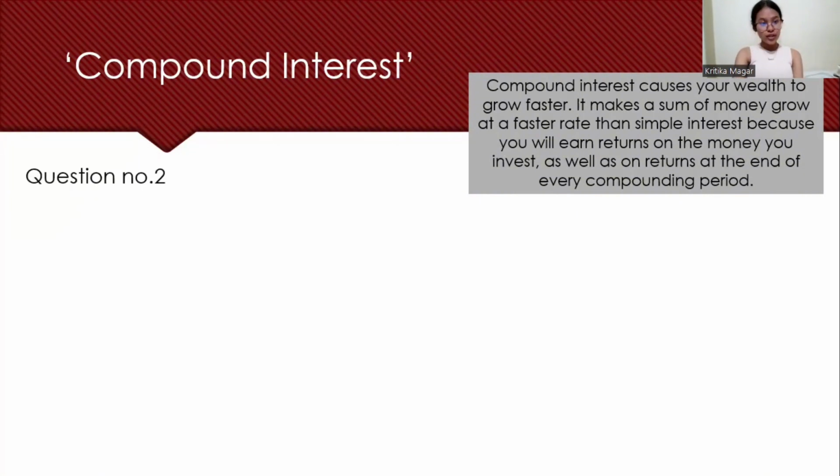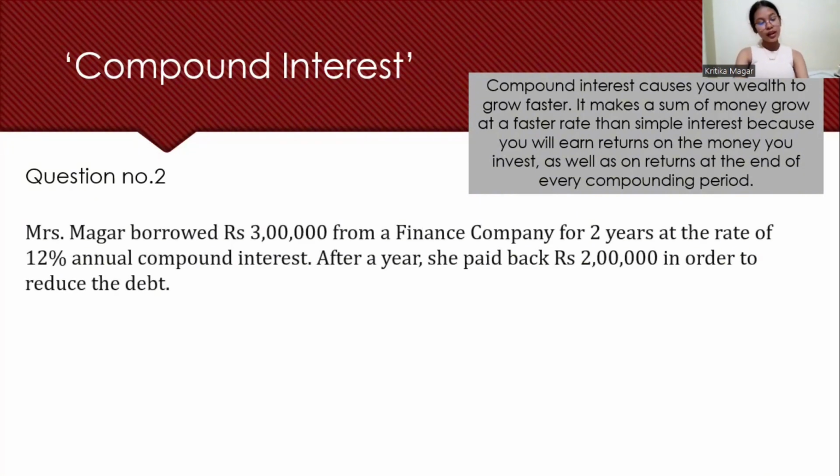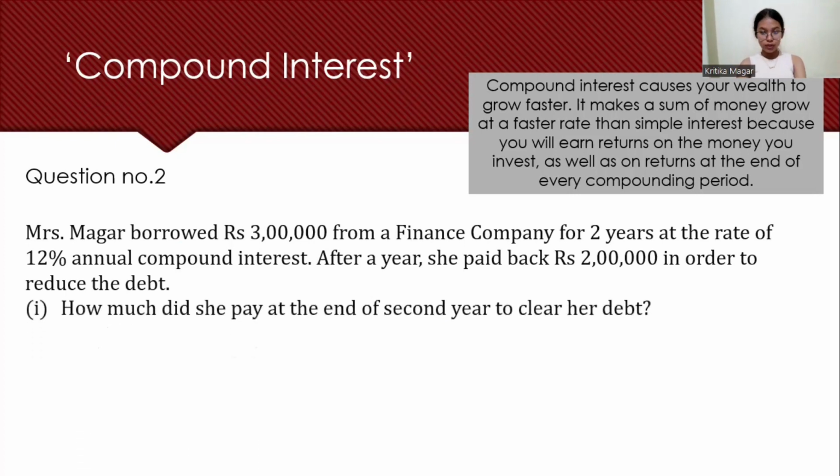So, our question is given by: Mrs. Mugger borrowed rupees 3 lakh from a finance company for 2 years at a rate of 12% per annum compound interest. After a year, she paid back rupees 2 lakh in order to reduce the debt. So here is the given condition, and for this condition, here are some of the questions that we need to solve.